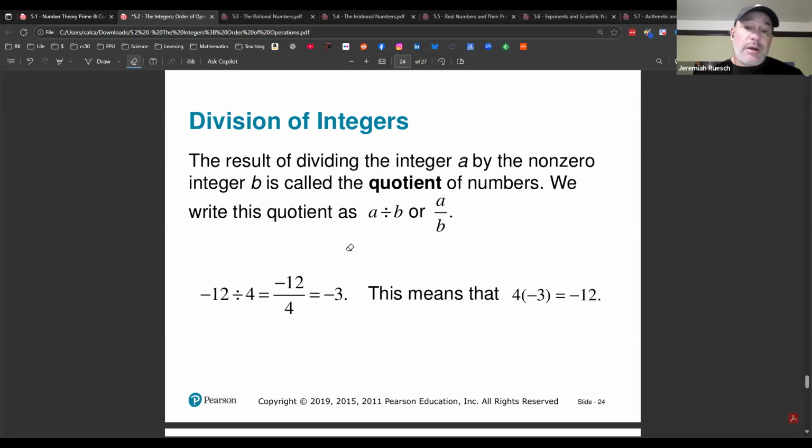In other words, is there some number that I can multiply B by, and that product would be A? In other words, B is a factor of A if it divides evenly, and so we're looking for the other factor of A, so that when you multiply it by B, you get A.